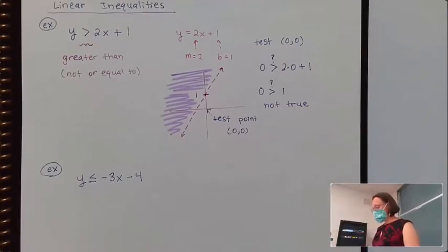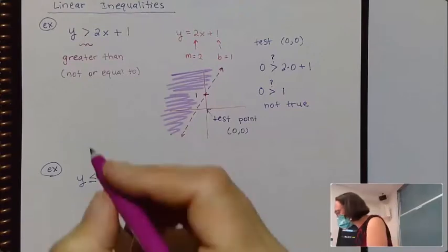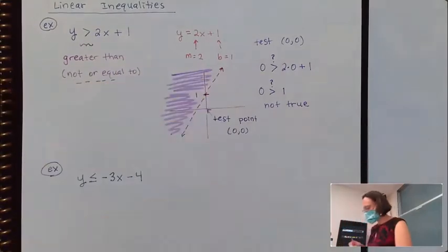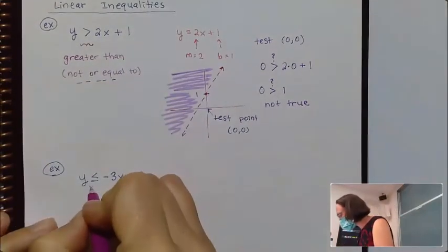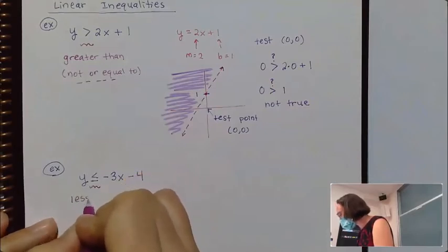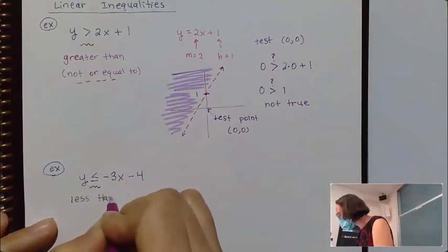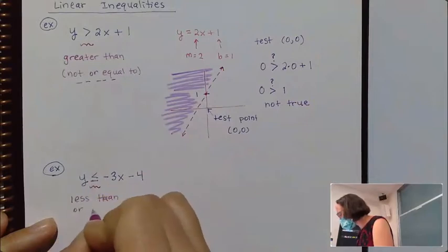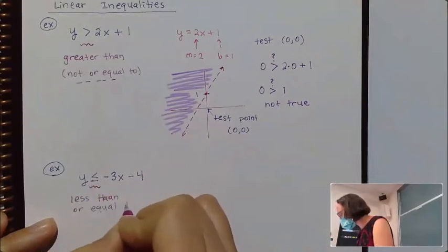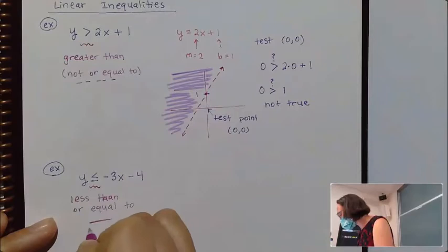The previous one was a dashed line because it did not have the or equal to. This one is the less than or equal to. And because of the or equal to, this is going to be a solid line.